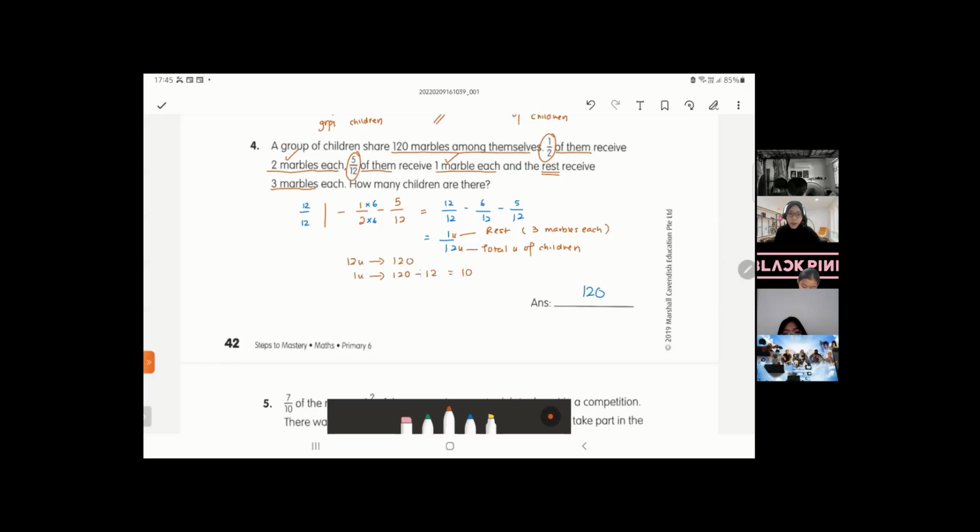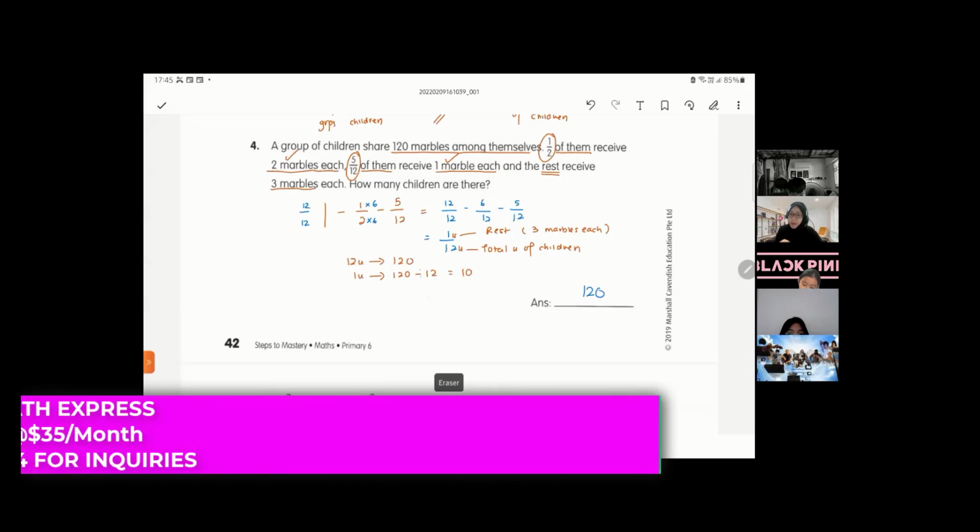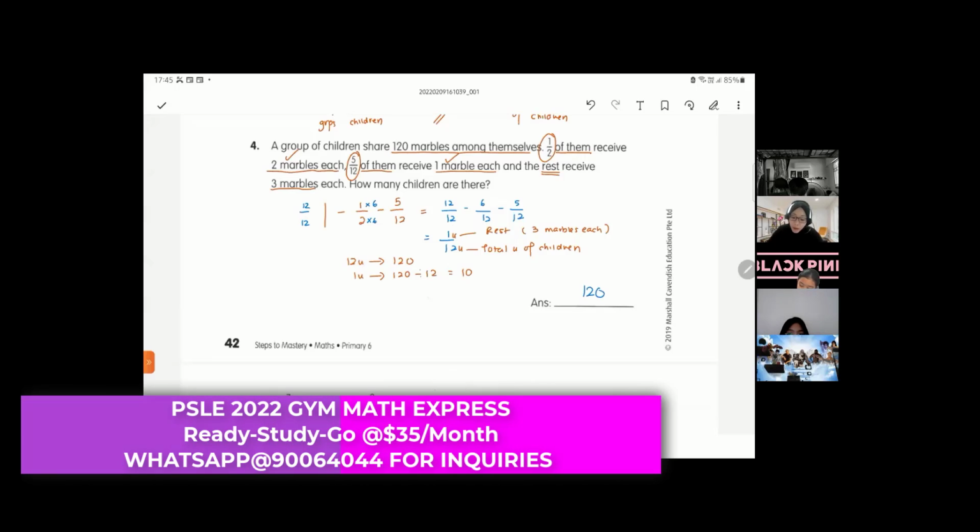Do I want that? I want to know how many children there are. So if you do it this way, you are going to find just the number of children divided by the unit. So this is not the proper way. If you do this method just now, then you are not correct, because we are supposed to find the value for each unit.